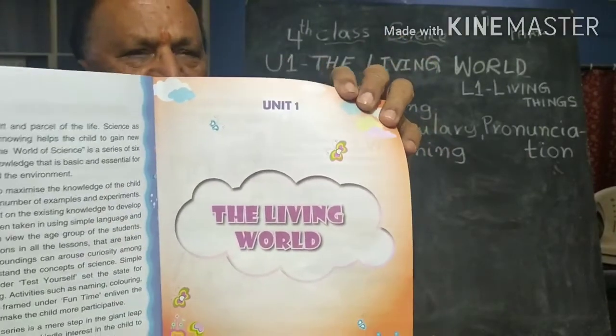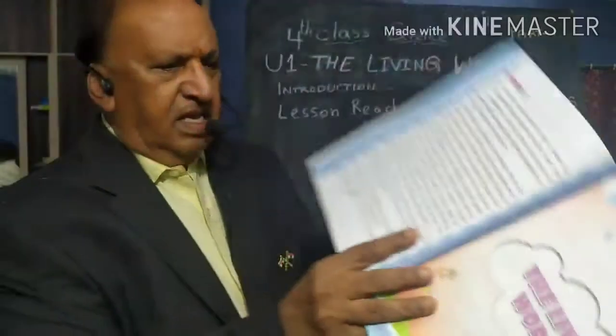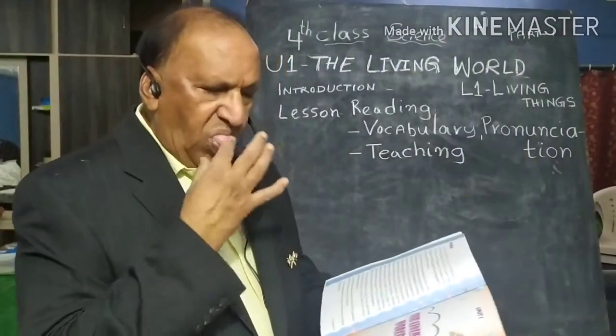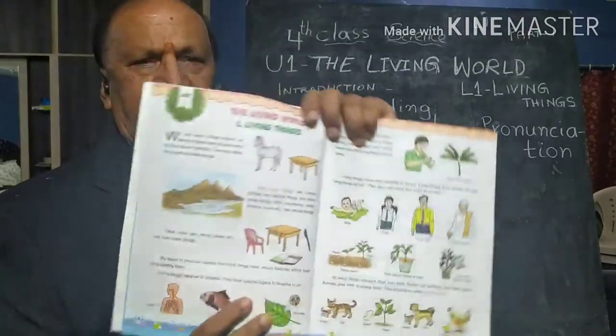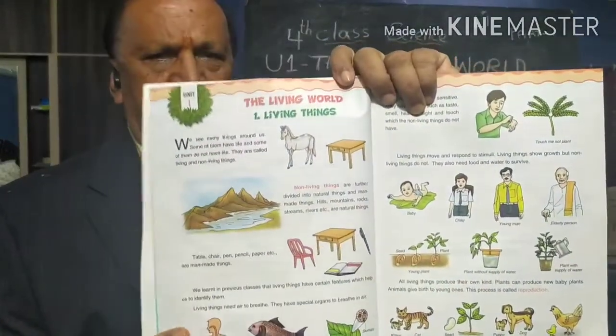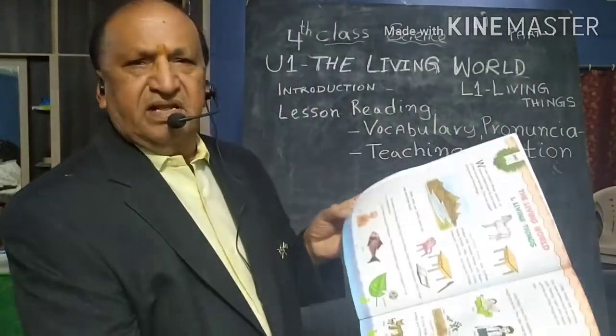That means all the living things and non-living things, we will learn about them here. Then we move on to the lesson itself. Here, this is the lesson, Living World. So I want everybody, this is page number 6.